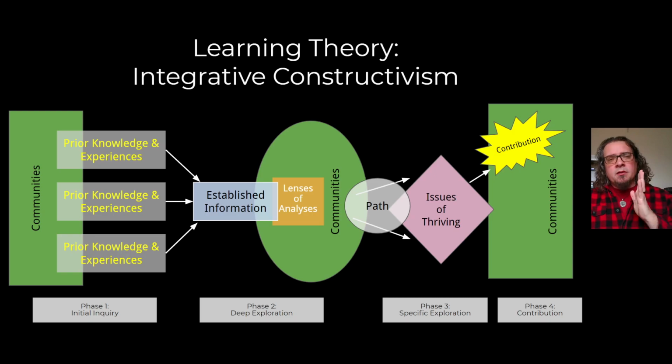But it's not for the sake of just knowing it and getting the right answers. It is so that we can understand it, but then it's connected to the community. Again, we go back to the community and try to understand how the community understands these things. So in phase 1, it's really more about how the student understands these things and where it kind of came from in their experiences.